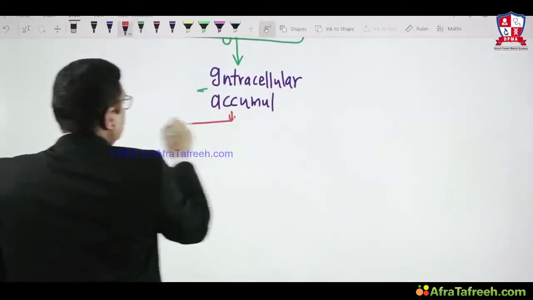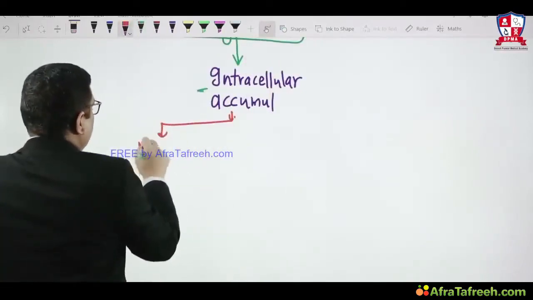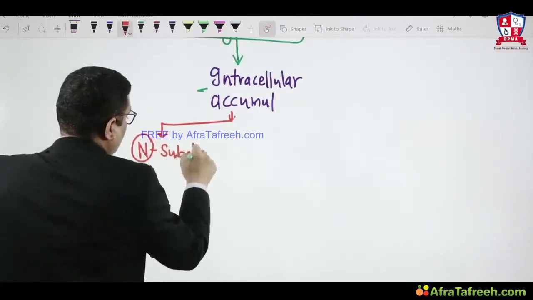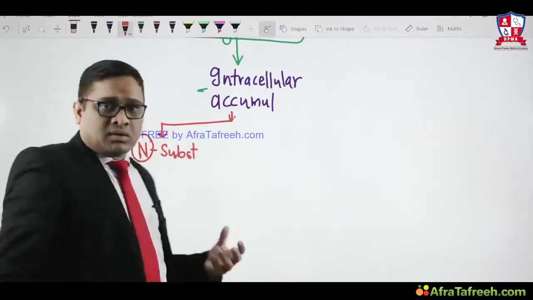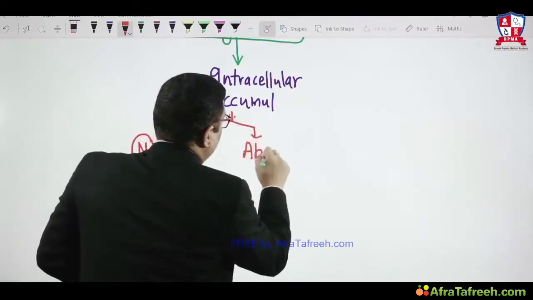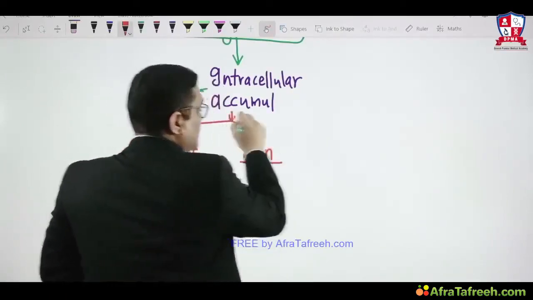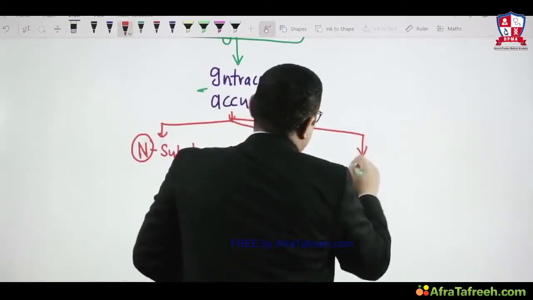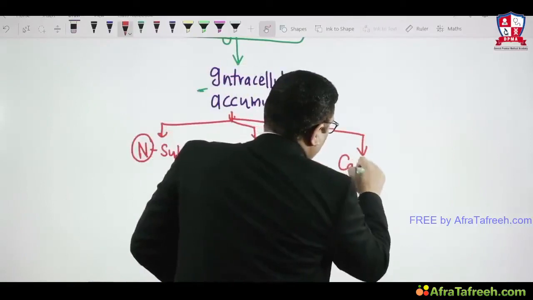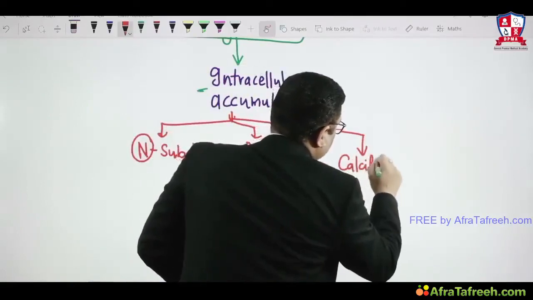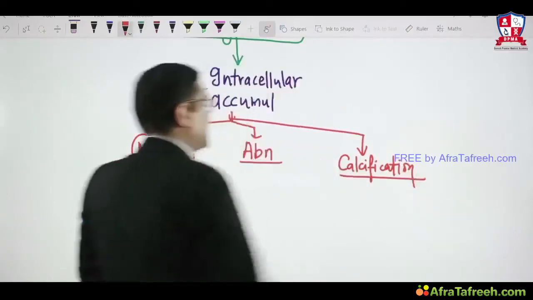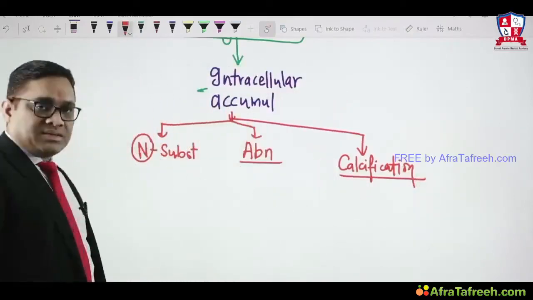It can be normal substances, which we see in our human body normally, or it can be abnormal substances, and it can be calcium deposit also, which is called calcification. After cellular damage there will be calcium deposition, that is called calcification, right?